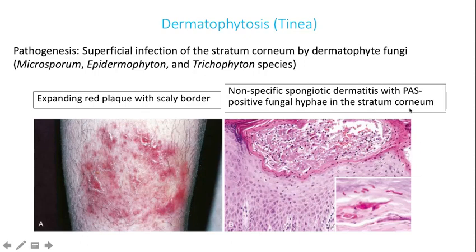This is periodic acid-Schiff stain, which picks up the carbohydrates in the fungal cell wall, and it stains the fungal hyphae in this beautiful pink manner. So here we're looking at the stratum corneum. Hyphae in the stratum corneum equals dermatophyte or tinea infection.